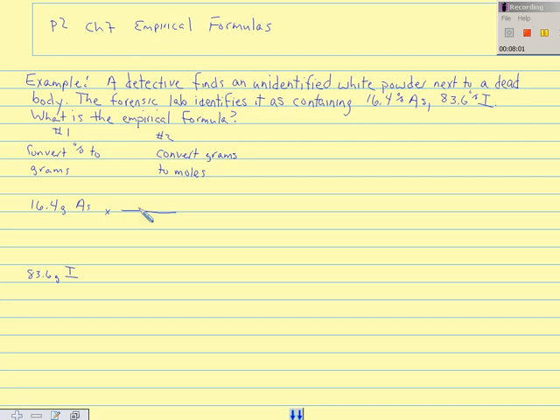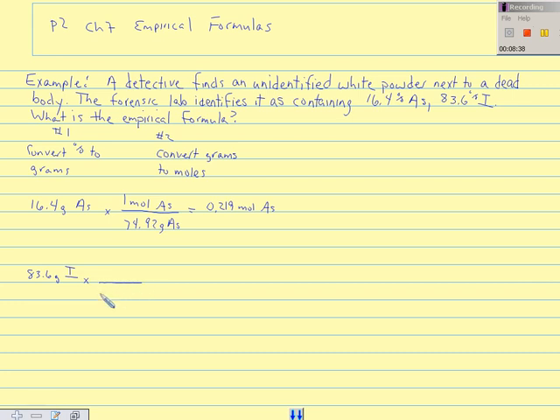The molar mass of arsenic is 74.92 grams of arsenic for every 1 mole of arsenic. If we figure that out in moles, we get 0.219 moles of arsenic.